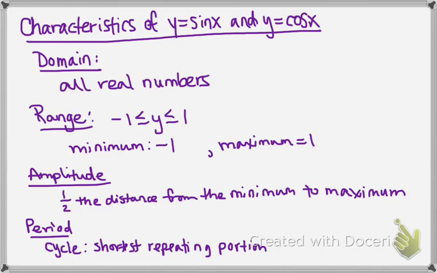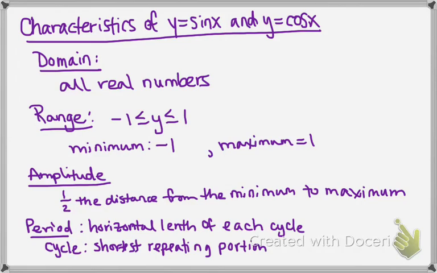So it's the part that is repeating. Get down to the very smallest part that you could just repeat every single time. Then the period is that horizontal length of each cycle, so how long it takes to get through one of the repeating periods.